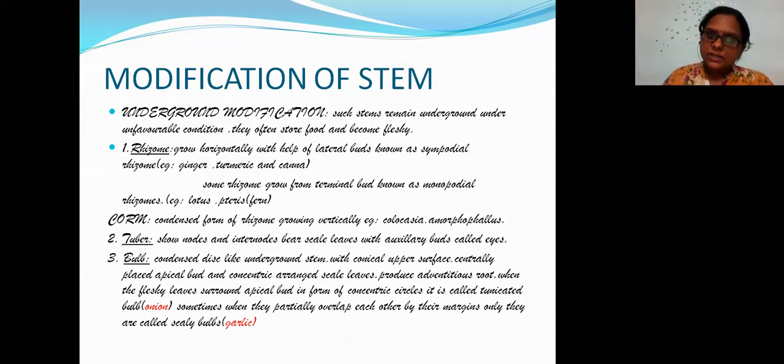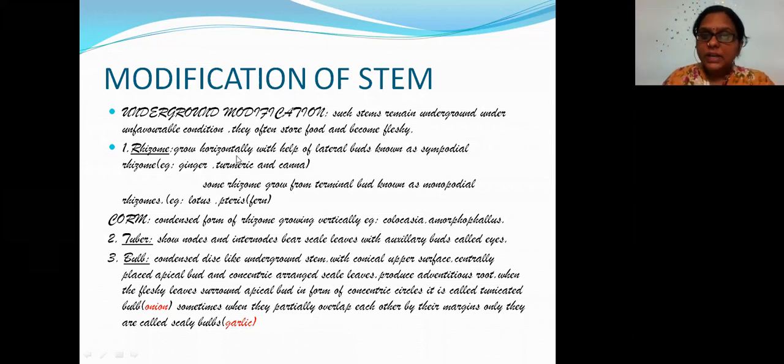Once the condition changes from unfavorable to favorable, they start giving out the leaves. Such stems remain underground under unfavorable conditions. Rhizome is a good example, ginger, right? Whenever the word rhizome comes to your mind, just correlate it with ginger.